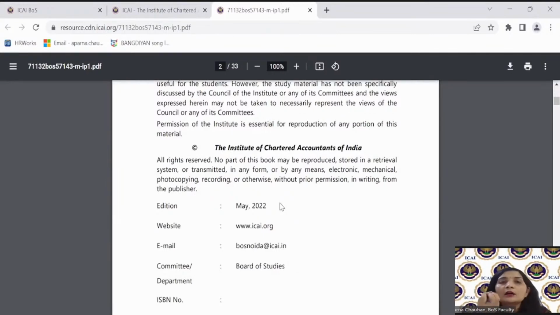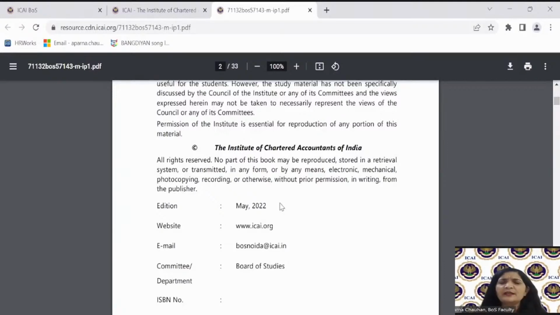Notifications: the central government and the CBDT are empowered to make rules to support the Income Tax Act, because it is very difficult to put everything into the Act, to pass it before the Lok Sabha and get the assent again. So the government has empowered the central government to come out with certain guidelines or notifications, or in case of certain doubts in the provisions itself, because law is basically prone to interpretations.